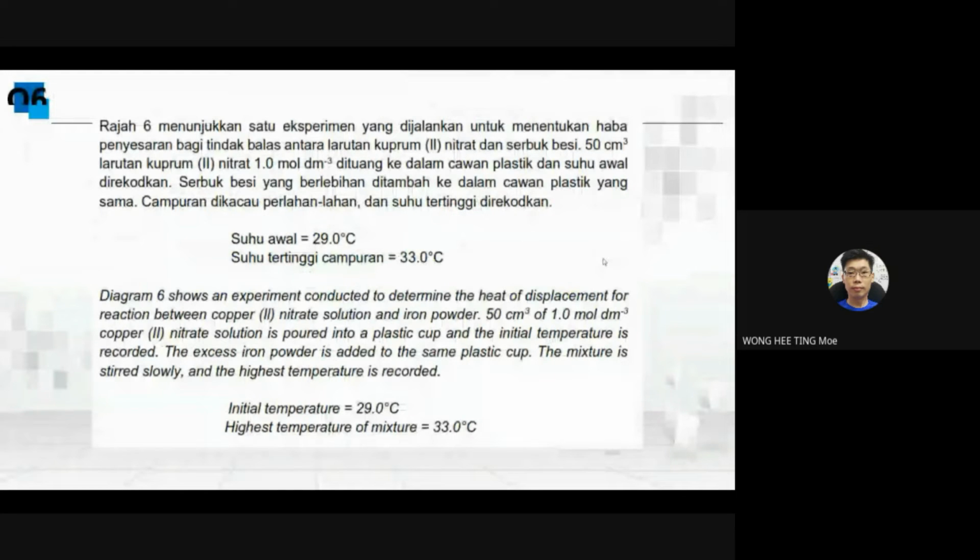Now number 6, regarding the heat of reaction. There are 4 types of heat of reaction: combustion, precipitation, displacement, and neutralization. Every year in the SPM, at least 2 of these will be asked, so you have to get ready for all of them. The initial temperature is 29, the highest temperature 33.